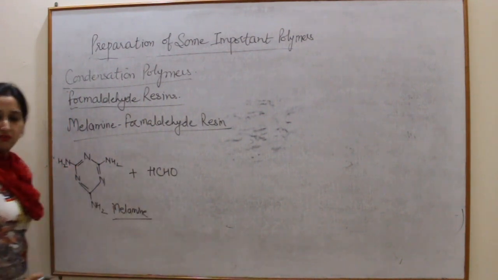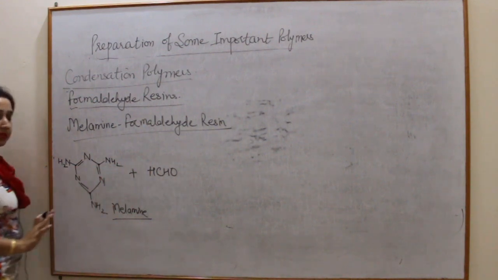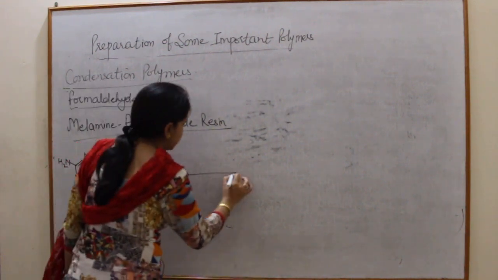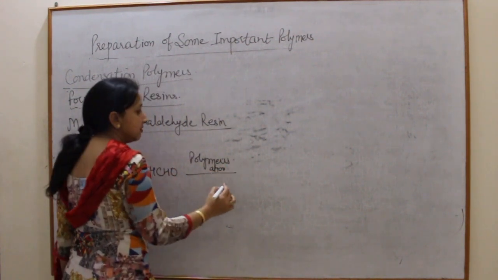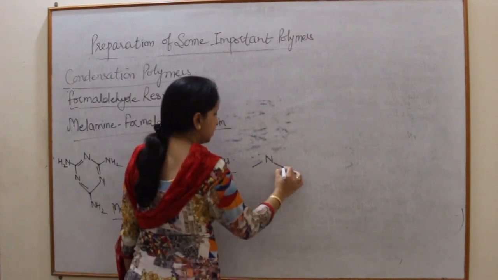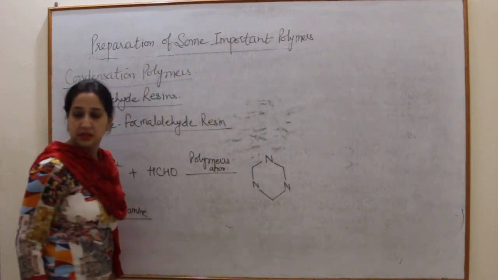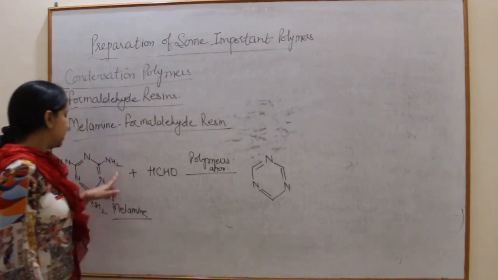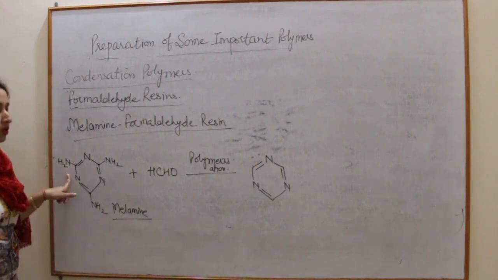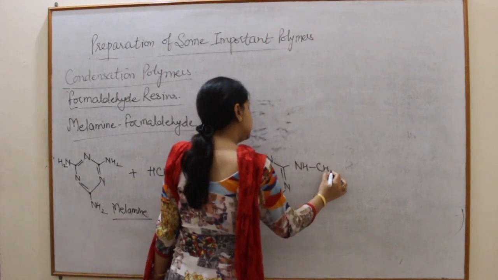Second monomer is formaldehyde. So on polymerization, H from here and OH from here will be lost as water. So upon polymerization, what will happen: this is N, N and N, containing 3 double bonds, and where we have written NH2 we have to show NH and CH2.